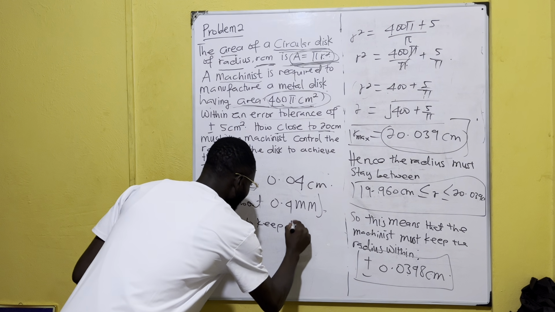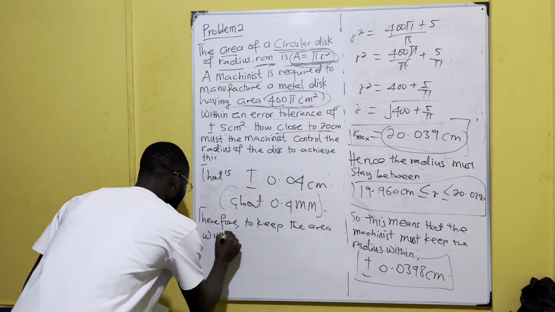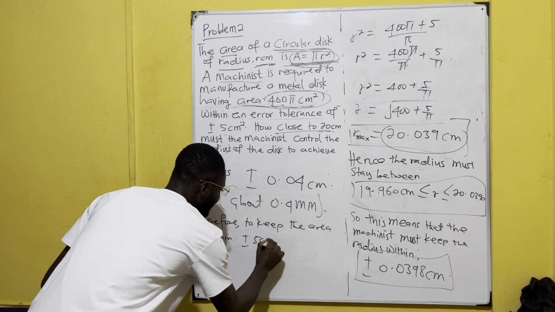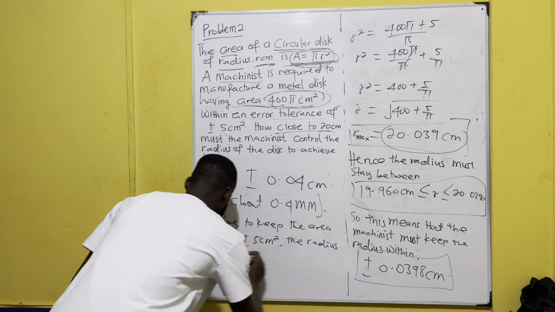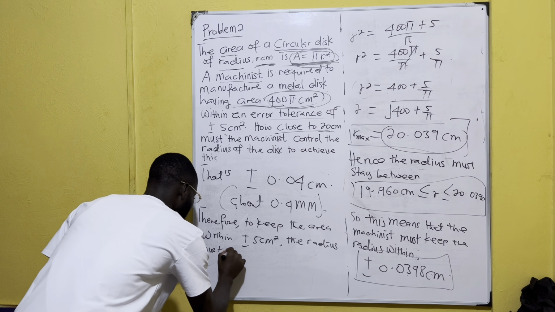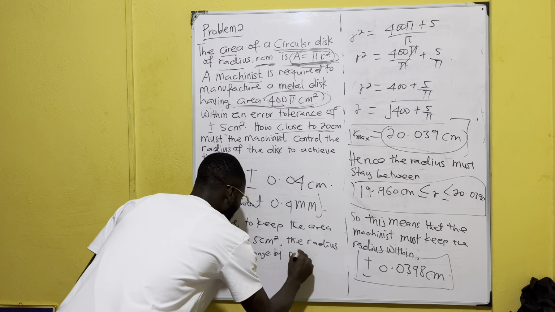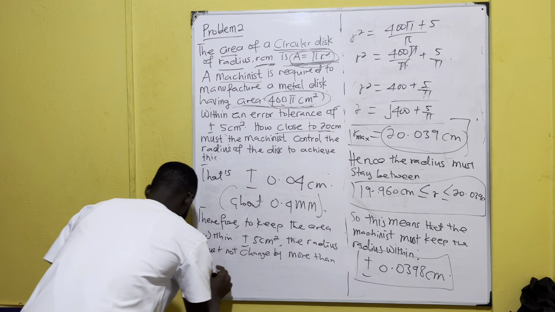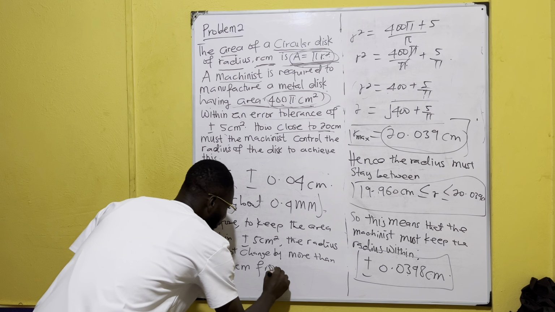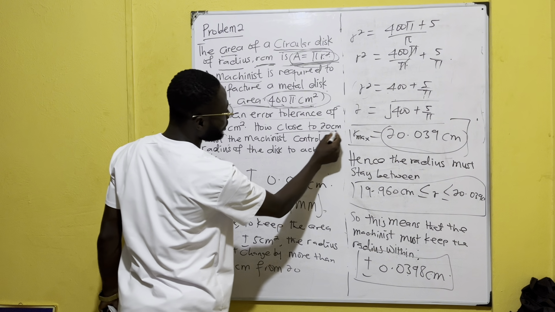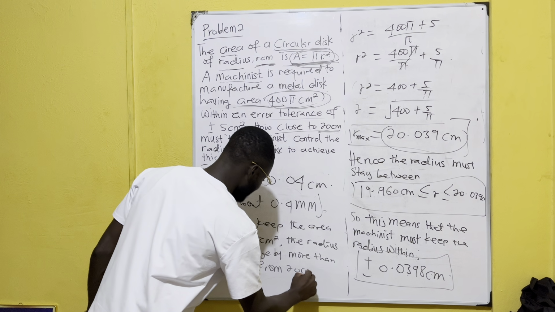To keep the area within plus or minus 5 centimeters squared, the radius must not change by more than 0.04 centimeters from 20 centimeters.